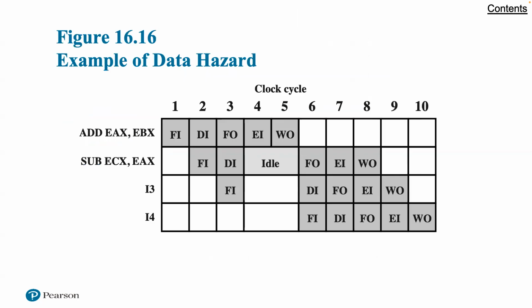A data hazard occurs when there is a conflict in the access of an operand location. In general terms, we can state the hazard in this form. Two instructions in a program are to be executed in sequence and both access a particular memory or register operand.